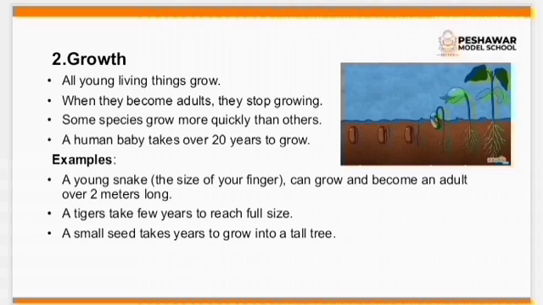Just imagine that. A tiger takes a few years to reach its full size. A small seed takes years to grow into a tall tree, right? So this is the second characteristic or second function of living things.